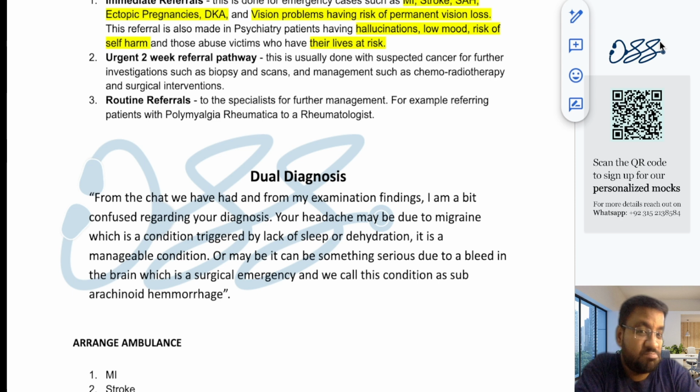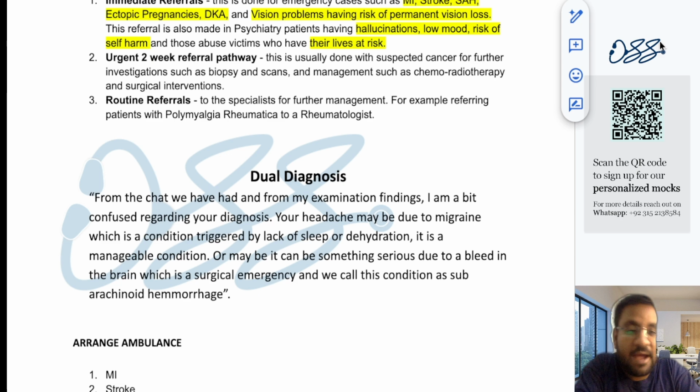That is because of a bleed of a major blood vessel in your brain, which can lead to a surgical emergency, a potentially fatal condition, which we call subarachnoid hemorrhage. So now I am confused. I'm honest about it, that I'm confused between these two things, and then the patient is going to ask, okay, doctor, then what is it, and what are you going to do for me?